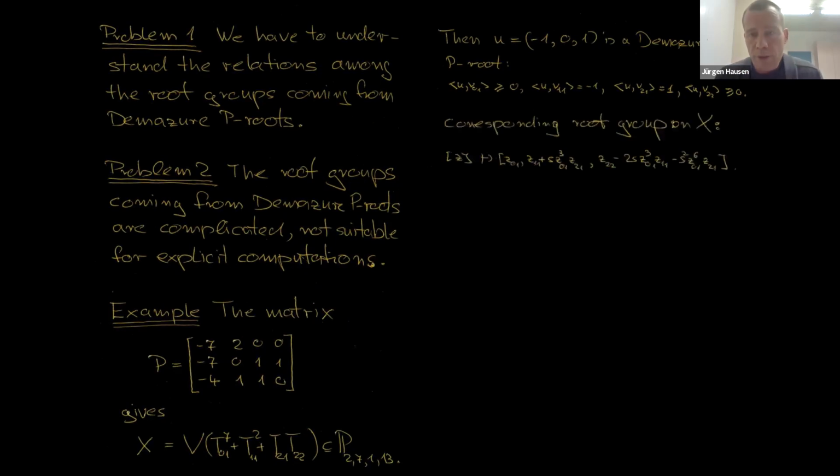Similar as before, we can go through this process of taking the corresponding locally nilpotent derivation and exponential map, and at the end obtain such a root group, which in the present case looks a bit more complicated. You see the formula, how we can give it explicitly, but it looks complicated.